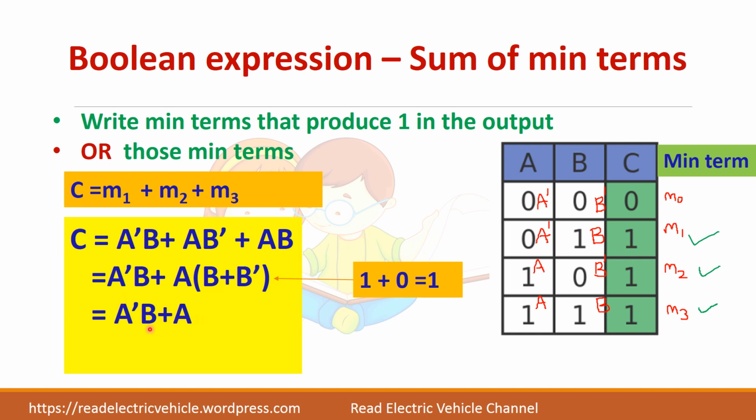Now there is an absorption law which states that if you have A dash B plus A, it will be equal to A plus B. If you don't know the absorption law, you can still simplify it and get A plus B. Using distributive law, you multiply this and then solve it, you will get A plus B. So C is equal to A plus B. So this is how you get the expression for OR gate using minterms.